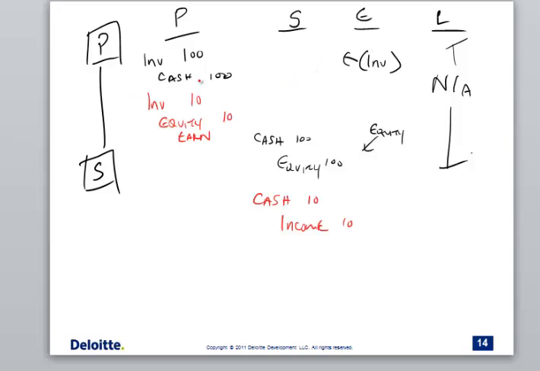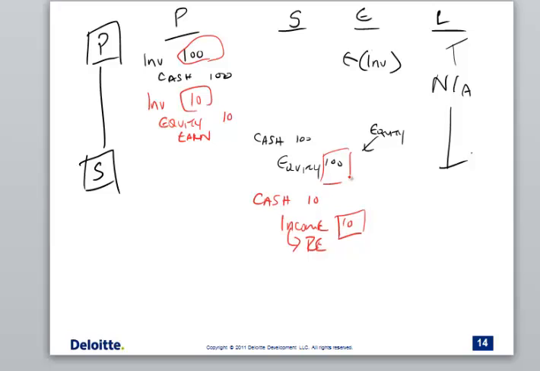So now, P's investment in S is 110, and S's equity, because this income is ultimately going to go into retained earnings, is 110. Right? This is the core principle of equity accounting.